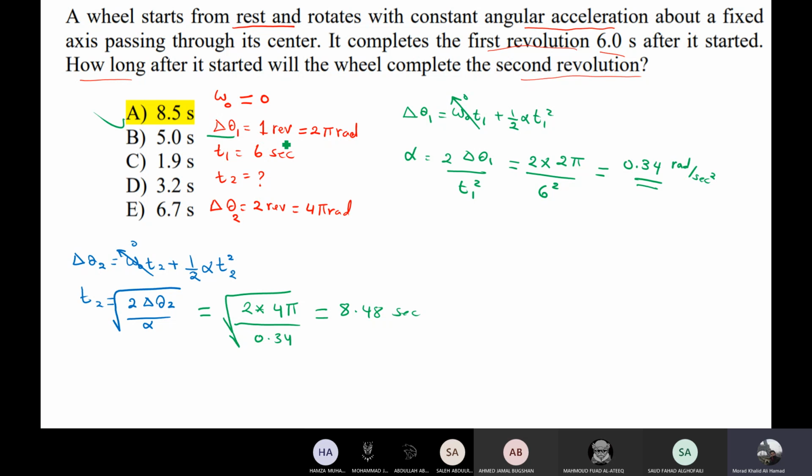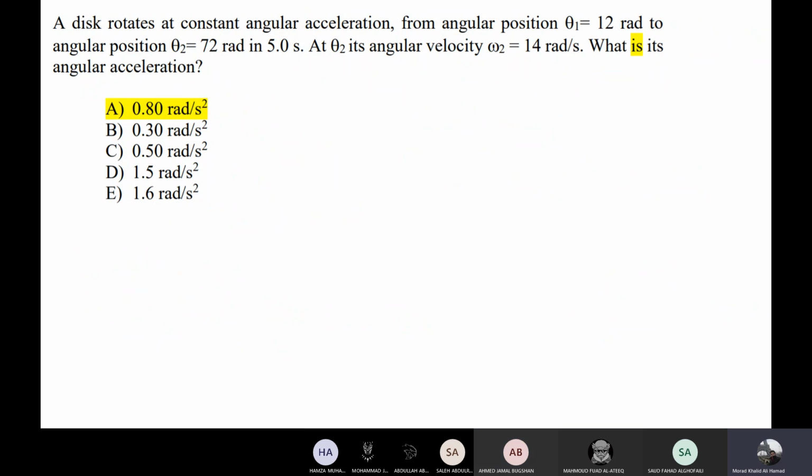And if you go back to your book or your teacher's slides, you can see that 1 revolution is equal to 2 pi rad. Meaning, if you start from here and you come back here, this is 1 revolution. How much theta is this? From here 90, 180, 270, 360. So 1 revolution is equal to 2 pi rad and equal to 360 degrees. Clear? Yes. Okay, thank you.